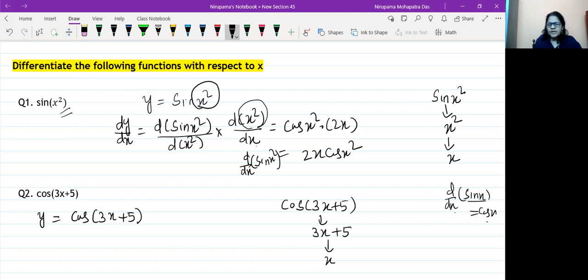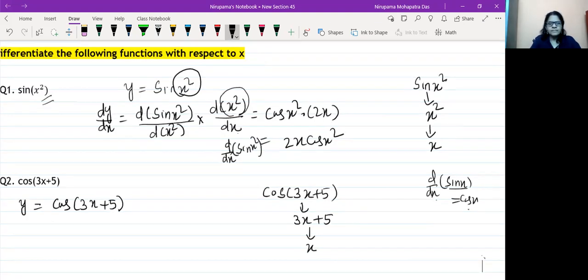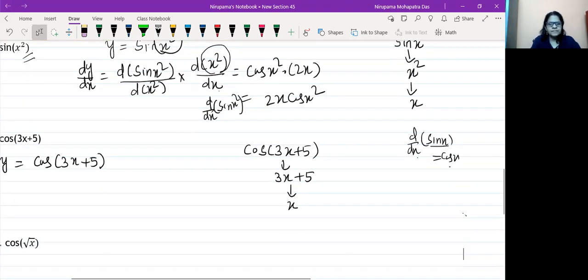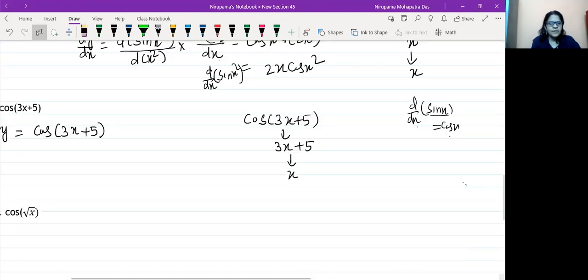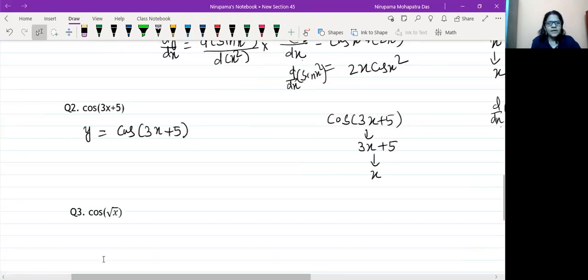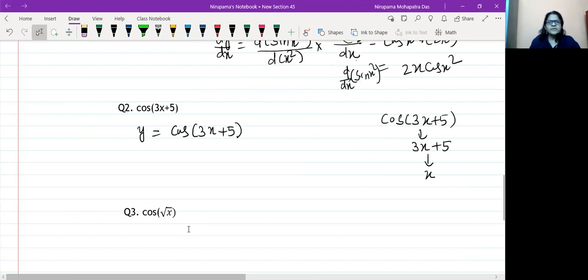While using chain rule, as I said, the only requirement is to find the direct link. So y equal to cos 3x plus 5, a function of 3x plus 5, and this is a function of x.